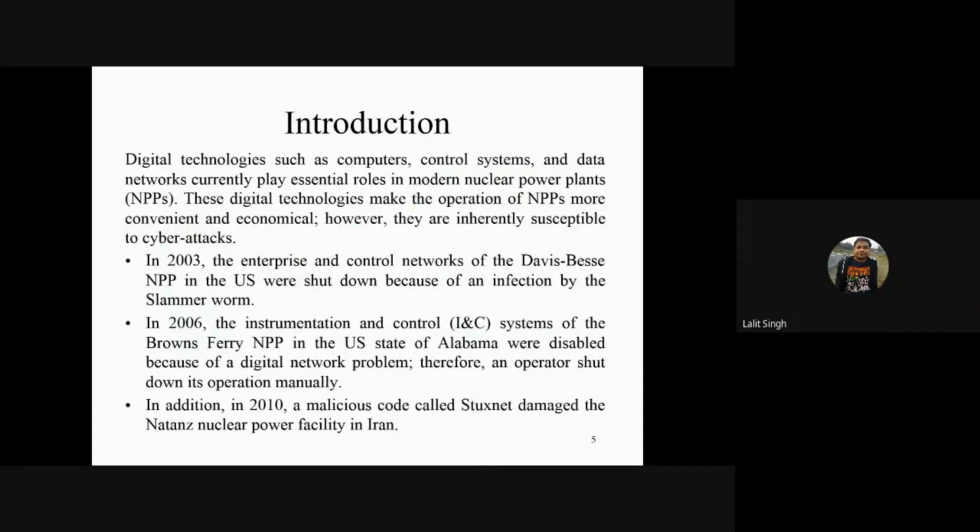So digital technologies such as computers, control systems, and data networks play a very important role now in almost every kind of system, especially, for example, in the nuclear power plant. These are important components.